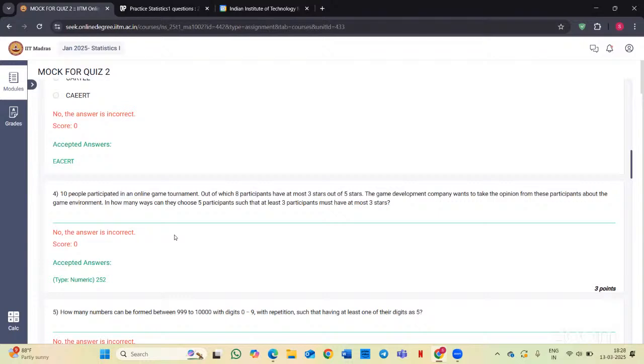So fixing 5 in the first position, the number of numbers that can be formed is 10 into 10 into 10, that is 1000. And fixing 5 in the second position, the first position cannot take two numbers, that is 0 and 5, since we have to get 4-digit numbers. That will be 8 into 10 into 10, which will be 800.